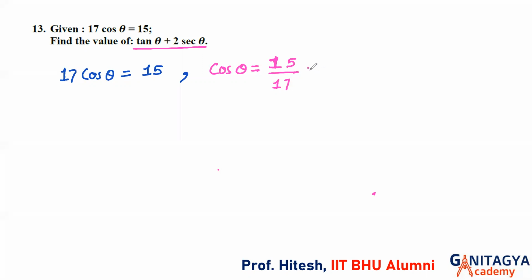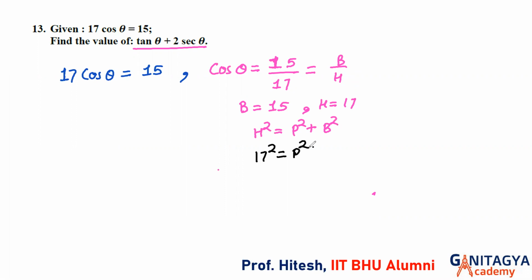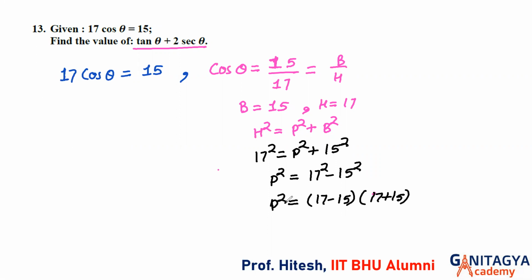Okay, so cos theta is base upon hypotenuse. So base is 15, hypotenuse is 17. So hypotenuse square equals perpendicular square plus base square. So hypotenuse is 17 square, perpendicular square, base is 15 square. So from here p square will be 17 square minus 15 square, that is 17 minus 15 into 17 plus 15, that is p square.